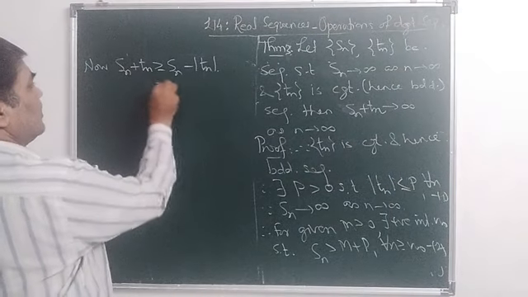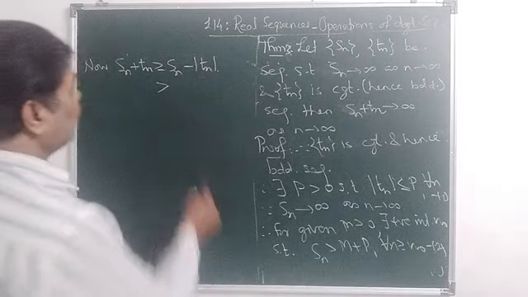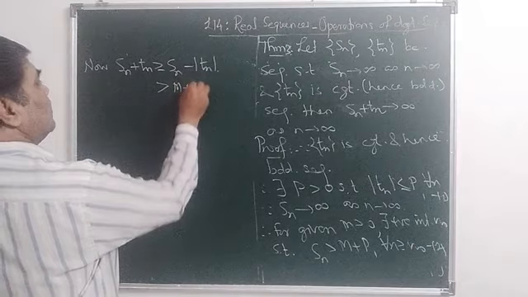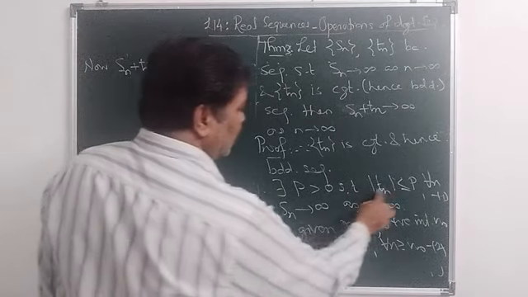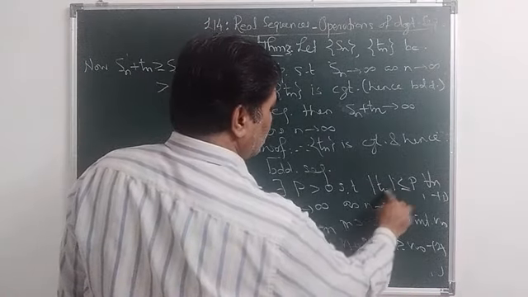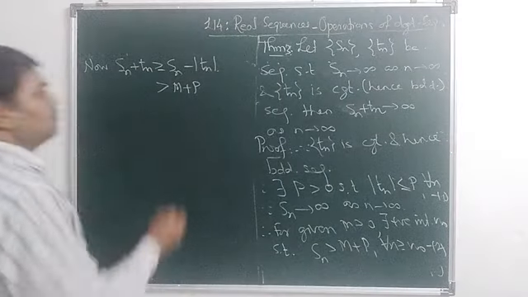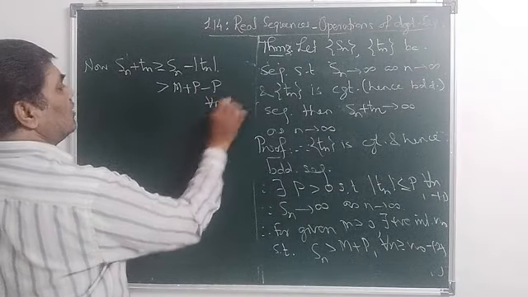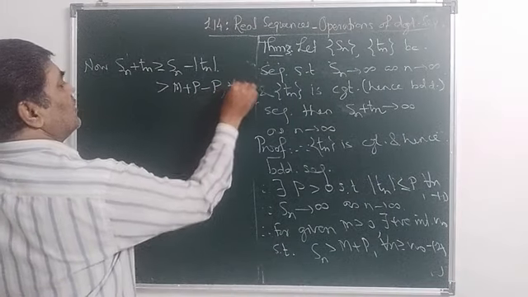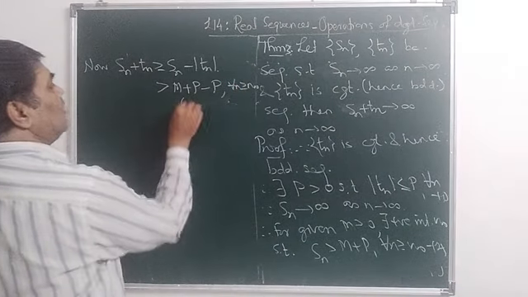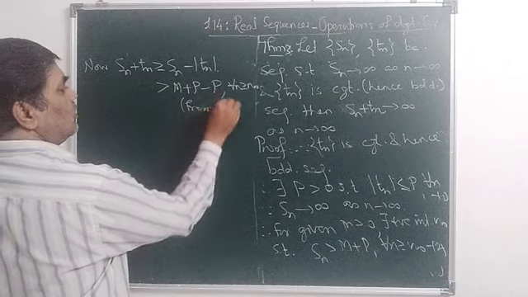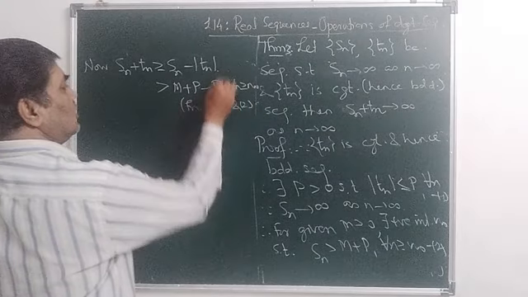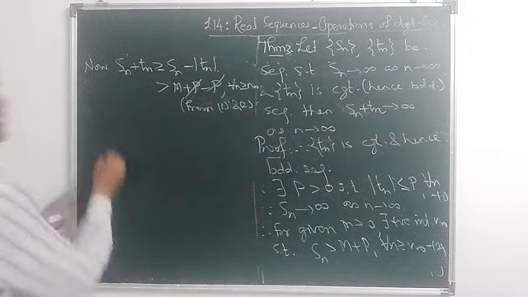So this is greater than: Sn is greater than m plus p, and mod Tn less equal p means minus mod Tn greater equal minus p for every n greater equal n naught, from 1 and 2. This p gets cancelled.